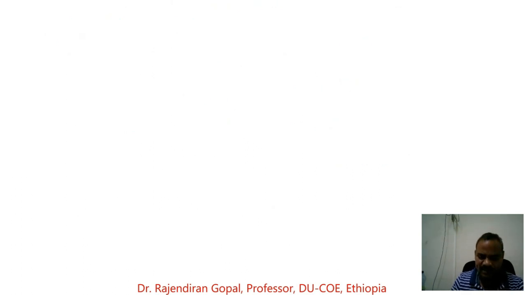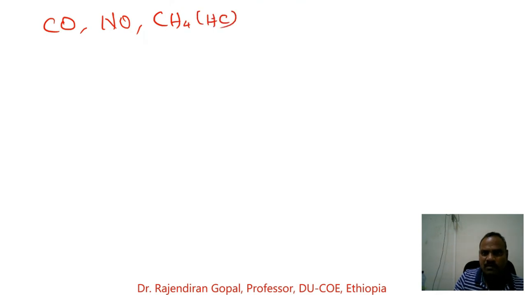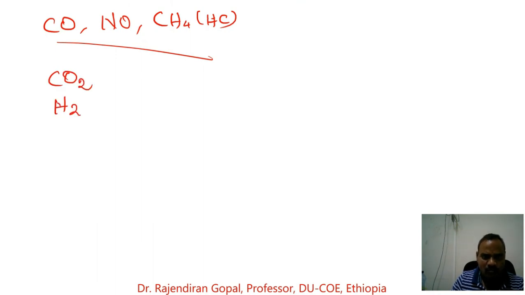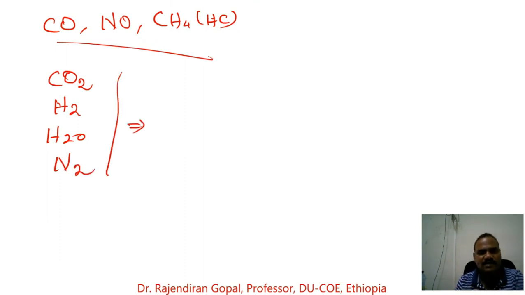From the present exercise, we found the specific emission of carbon monoxide, nitrogen oxide and unburned hydrocarbon in terms of methane. Then the remaining specific emissions like carbon dioxide, hydrogen, water vapor and nitrogen we can find in a similar way.